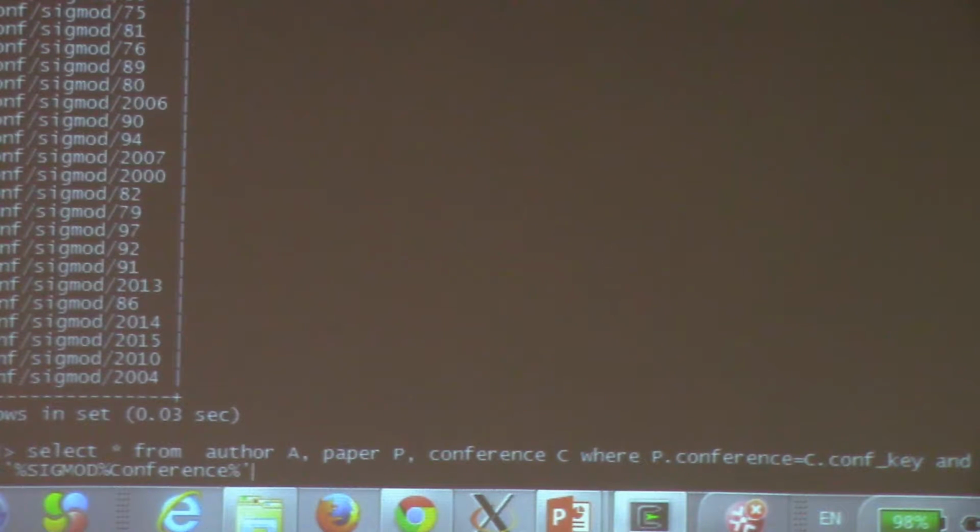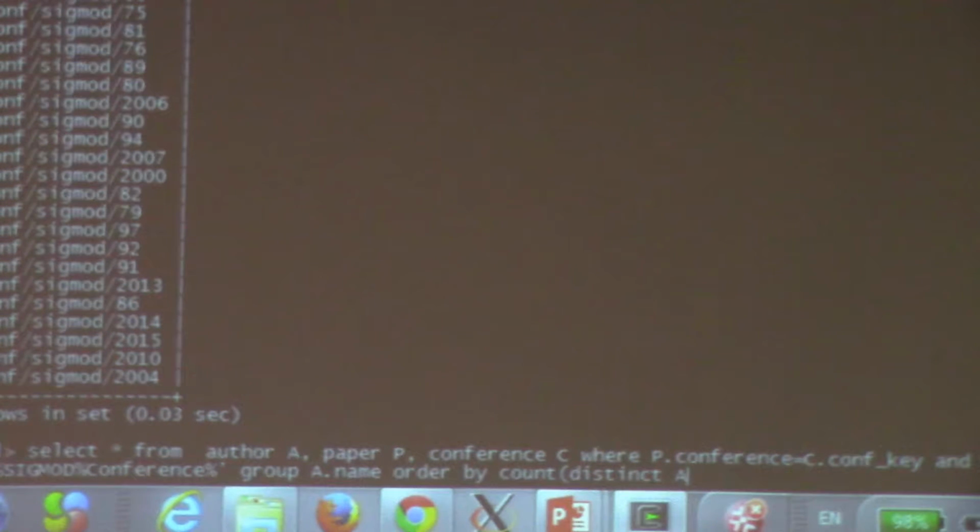Okay. Then group by author name, and order by count, the number of papers that author has.